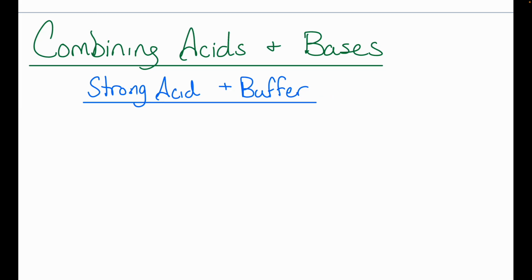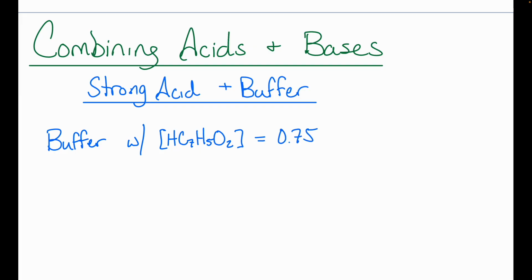Okay, so what we're going to do here, we're going to take our same buffer. We have a buffer with that benzoic acid concentration equal to 0.75 molar, and that conjugate benzoate equal to 0.5 molar.